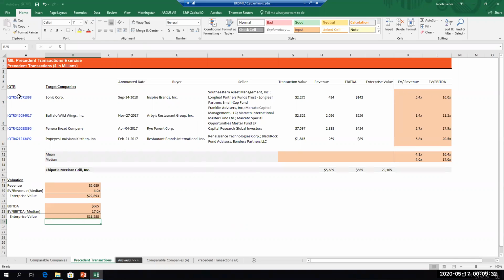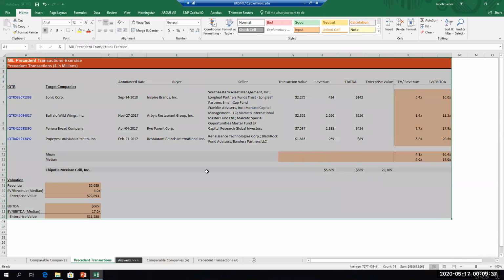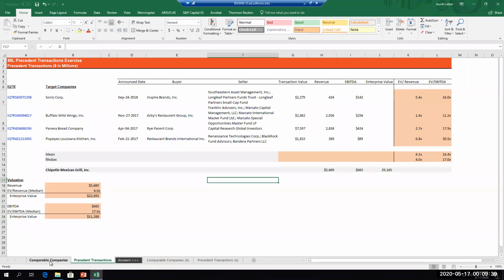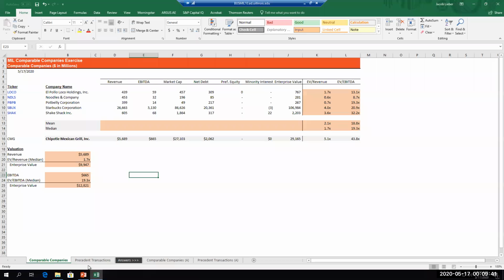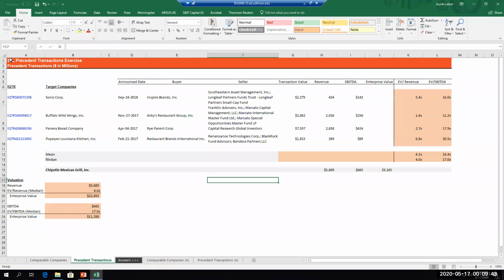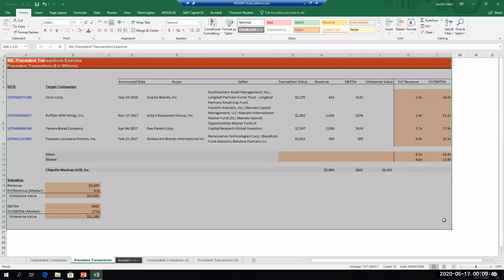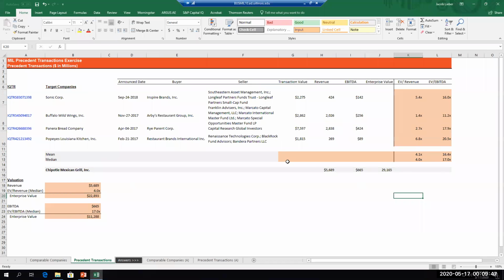Now, a lot of this may be dealing with the actual acquisition premium, like what it costs to buy a company, the premium over a comparable company set. Another explanation may be just the current downturn has been extremely harsh on the food and beverage industry.